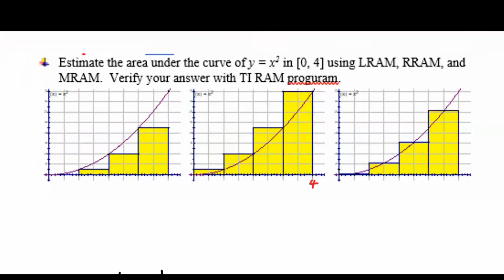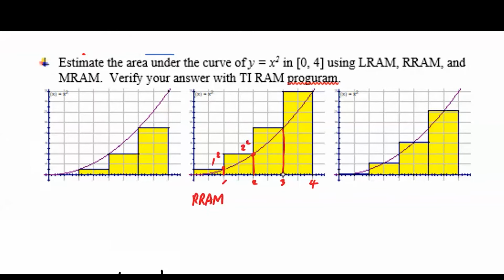Okay. Now, how are we going to do this? Well, 4 subintervals, 4 rectangles, right? This makes more sense, so I'll do this one first. This one is known as the right rectangle approximation method, RRAM. First you chop it up, right? And then this height, this is 1, 2, 3, 4, right? So this data point is 1 squared, this one right here is 2 squared.